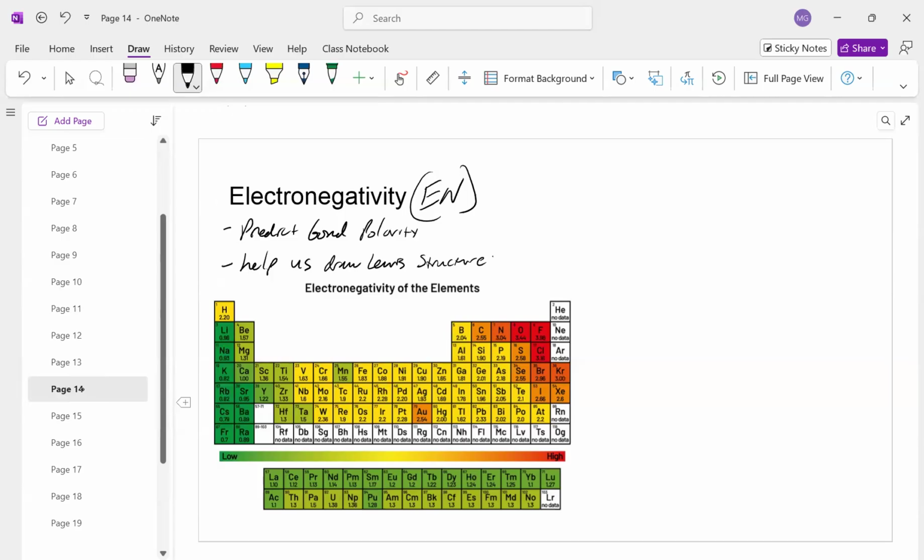And we'll see why when we start looking at the rules for drawing them. So what is electronegativity? It's the ability of an atom to pull an electron in bonds towards itself.